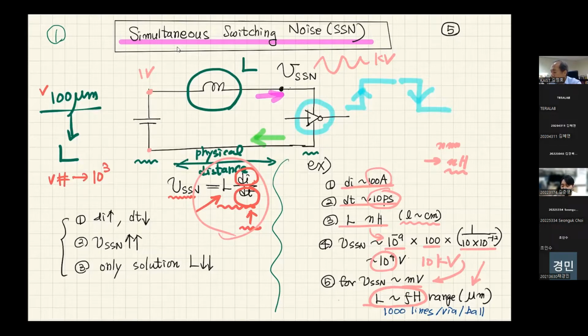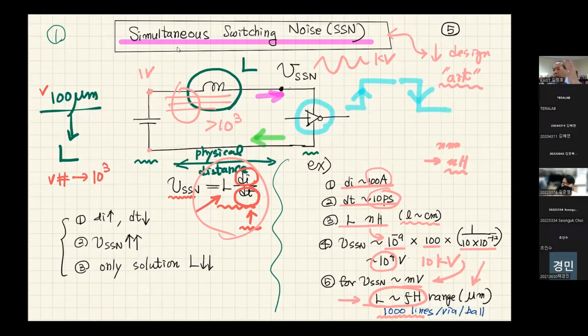In order to go to the femtohenry range, the number of interconnections should probably be more than 10 to the 3. So at the end of this slide, my conclusion is that simultaneous switching noise reduction and design is a range of art, not engineering, because we have to fight against extreme physics.